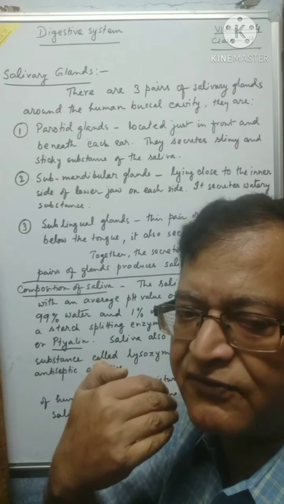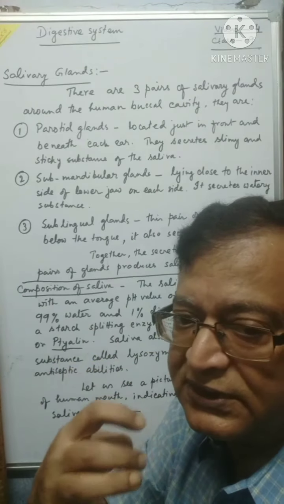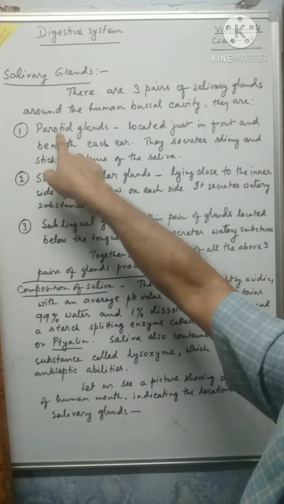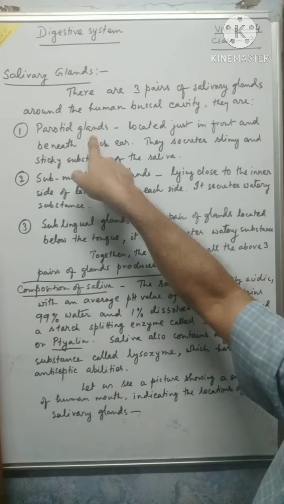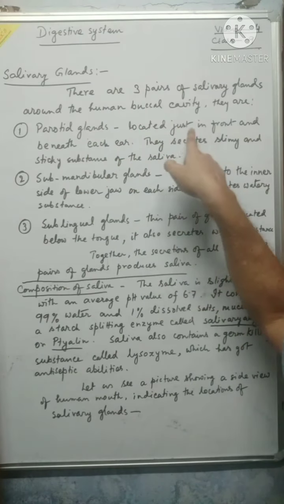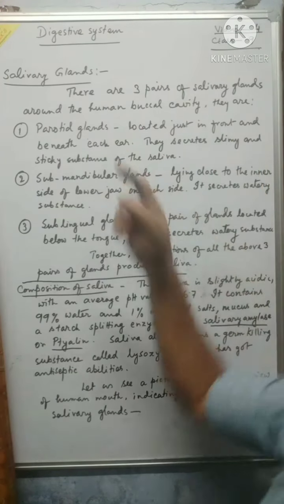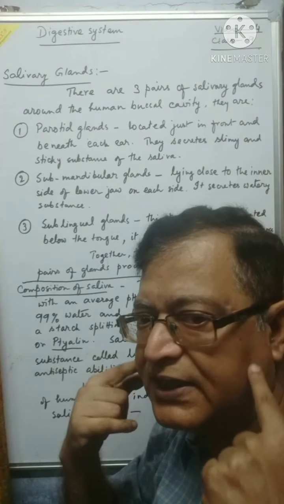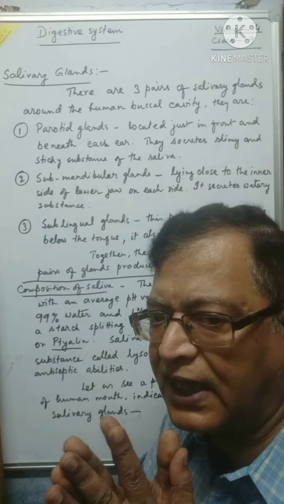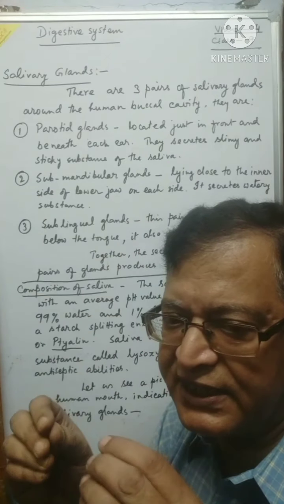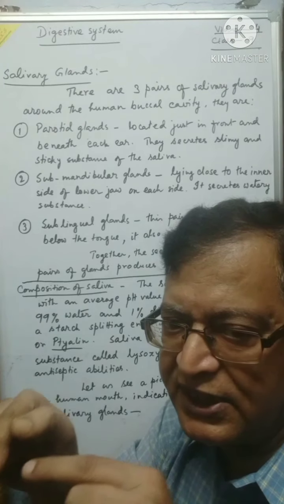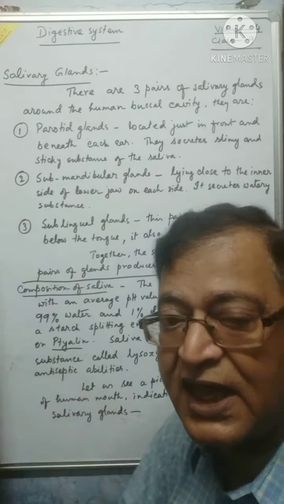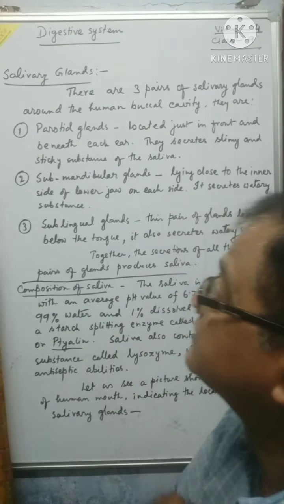The first pair, the parotid glands, are located just in front of and beneath each ear. They secrete their secretion into the mouth cavity by means of ducts. All these glands are duct glands or exocrine glands.